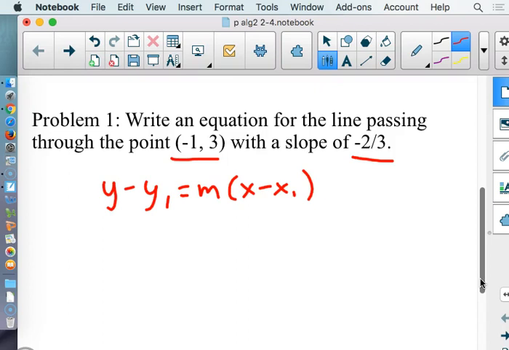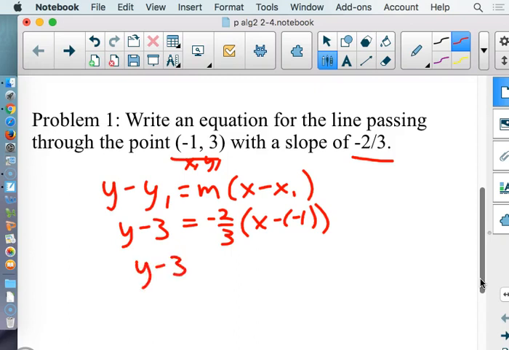Well, that will be x sub 1, y sub 1. So I'm going to put a 3 in here, y minus 3. I'm going to put a negative 2/3 in for m, and then x minus a negative 1. I'm going to tell you flat out that most people skip x minus a negative 1. Because what's x minus a negative 1? Most people will do that in their head.